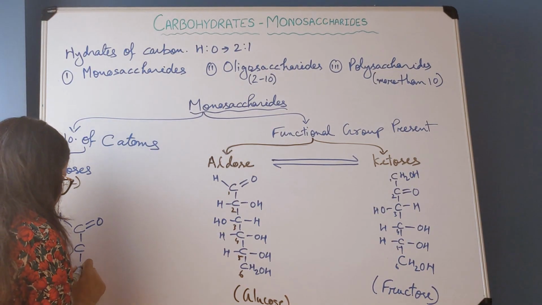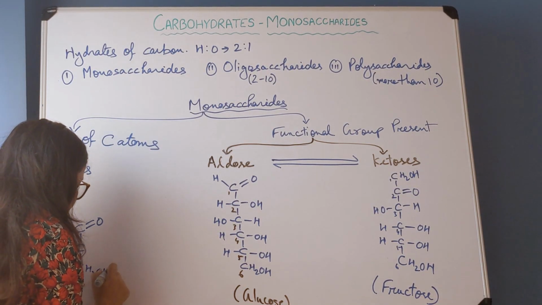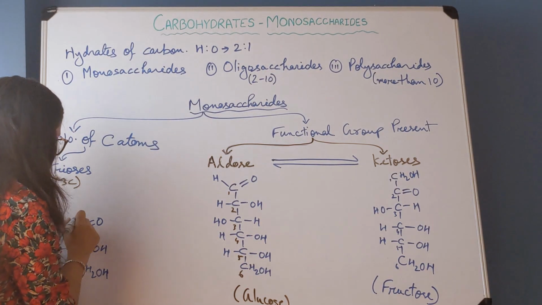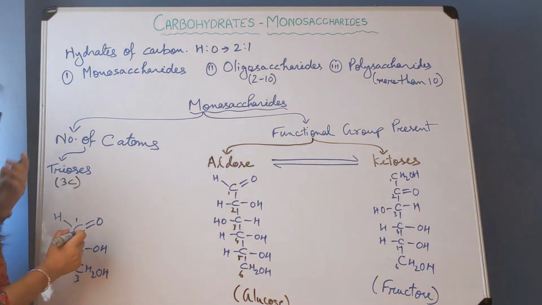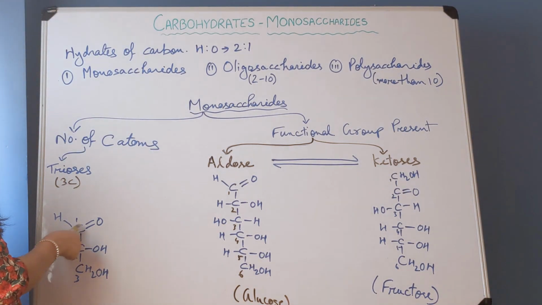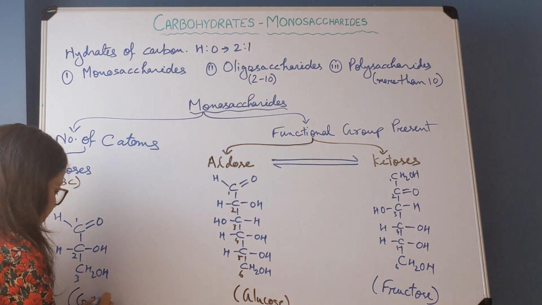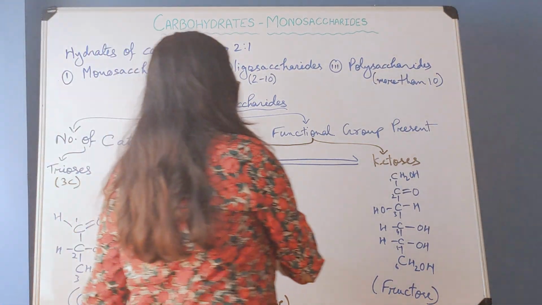It is a 3 carbon molecule. You can see here there are 3 carbon atoms, and at the terminal, the carbon 1 position, we have an aldehyde group. So it is an aldose sugar.